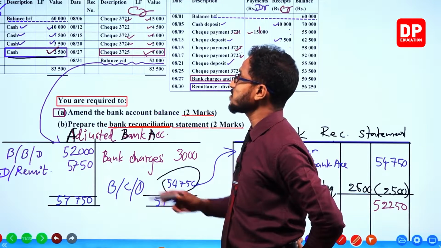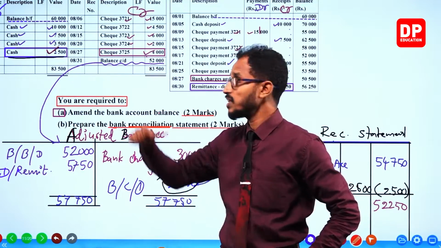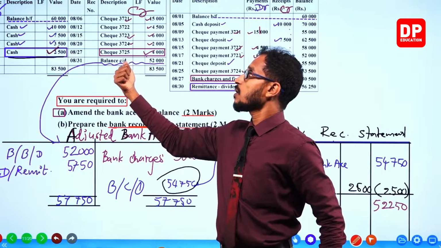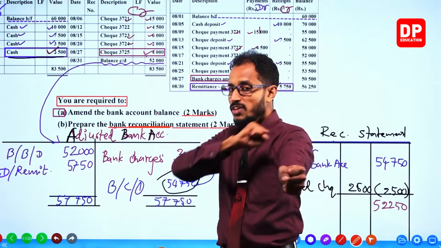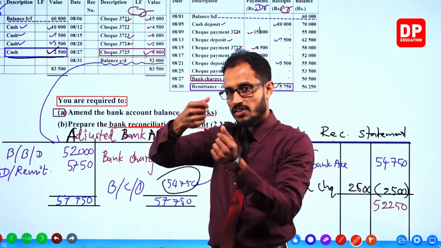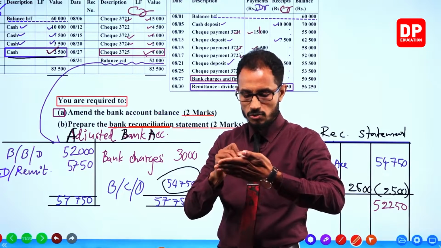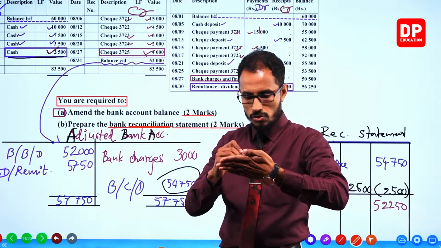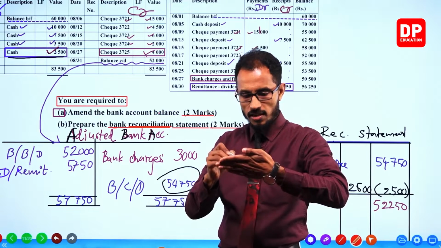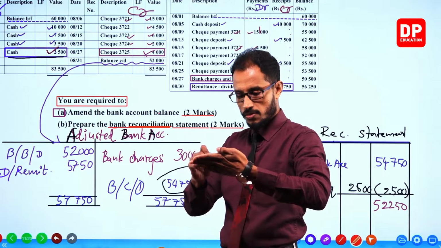These are checks which appear on the credit side of our business bank account, which means the checks we have issued. We have written a check to somebody: Pay Mr. Sundaralingam 4,000 rupees.